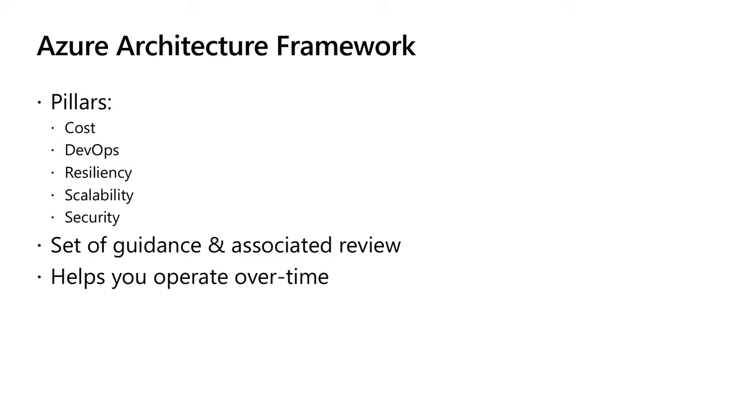Along with that, we have built an assessment that you can walk through either as yourself or, if you're a partner, as your customer, and then at the end it'll give you a set of guidance you can use to improve your Azure footprint.